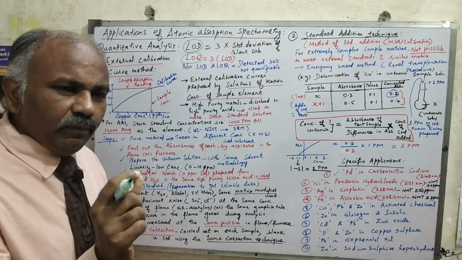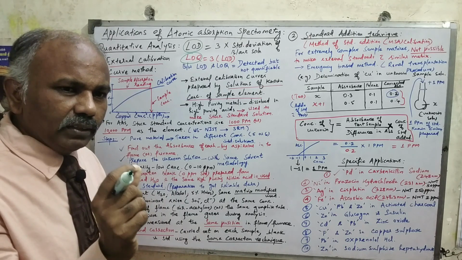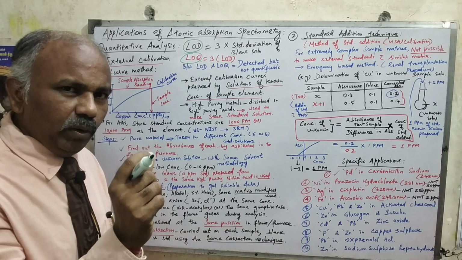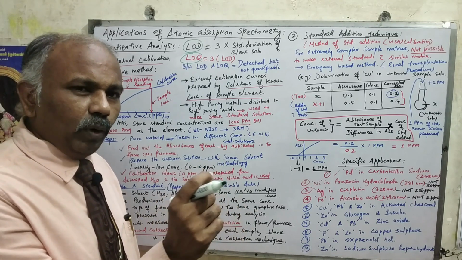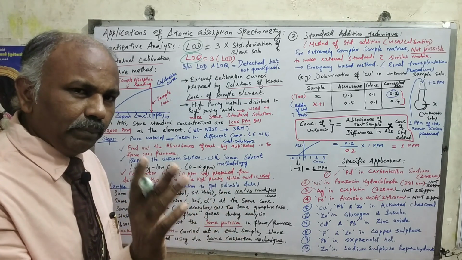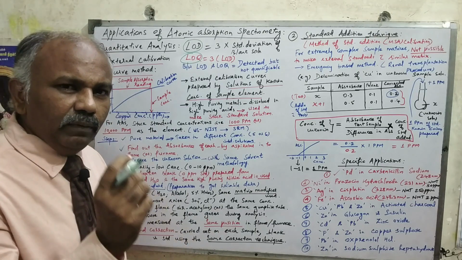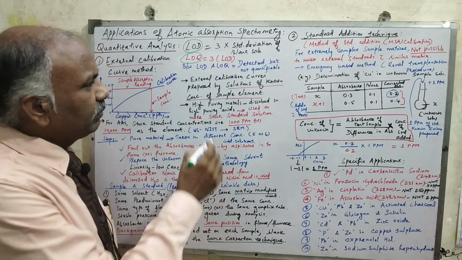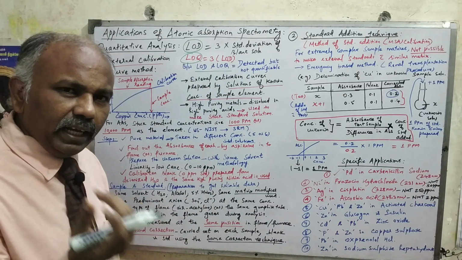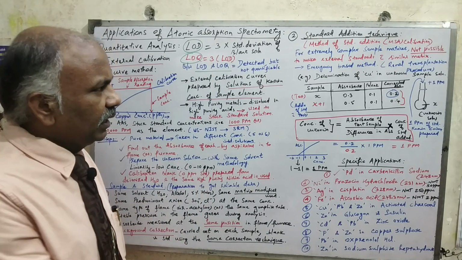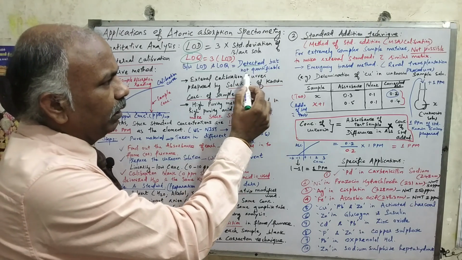Now suppose you find the limit of detection is so many ppm for your sample and the limit of quantification is so many ppm. If the range for some samples is between LOD and LOQ, then the element can be detected but not quantifiable.